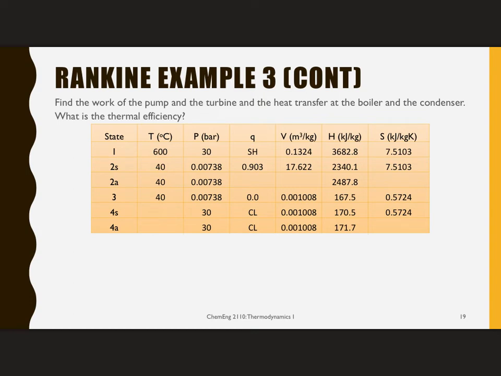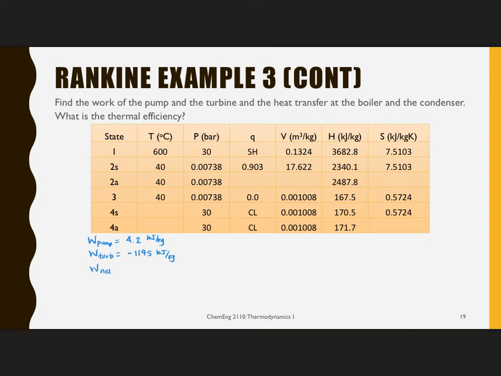Therefore, if we wanted to calculate the work of the actual pump, it's going to be 4.2 kilojoules per kilogram. The work of the turbine is negative 1,195 kilojoules per kilogram.